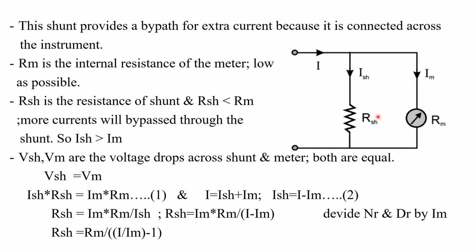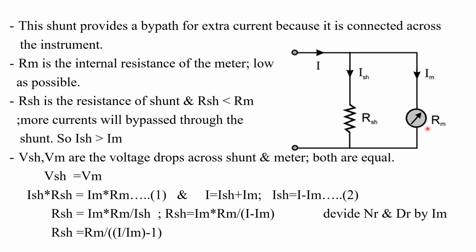In this diagram, you can see that Rm is the meter resistance. This symbol indicates the ammeter. So Rm is the ammeter resistance, or the internal resistance of the ammeter, and Im is the current that flows through this meter.